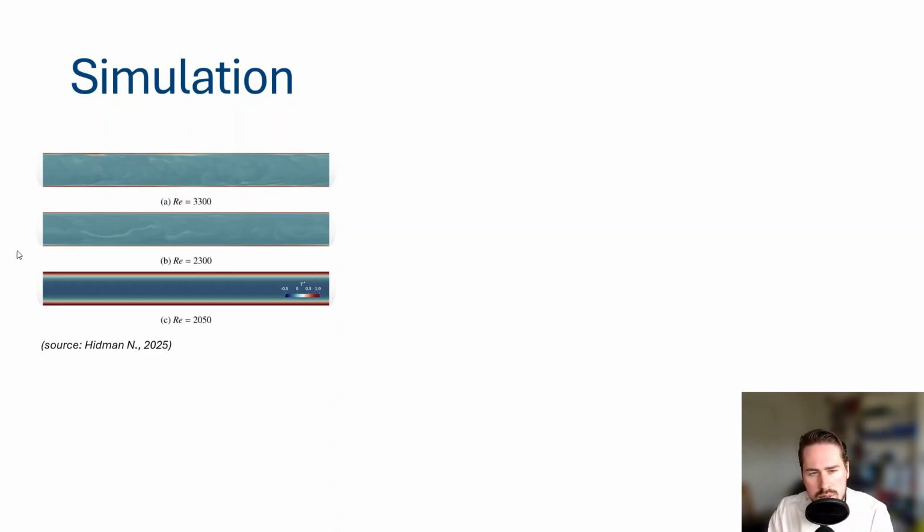You can see that at 3,300 there is a light blue. The flow is fully mixed. The boundary layer does not exist. It's fully developed turbulent flow. At 2,300, there is a little bit more of a boundary layer, but it's still transient.